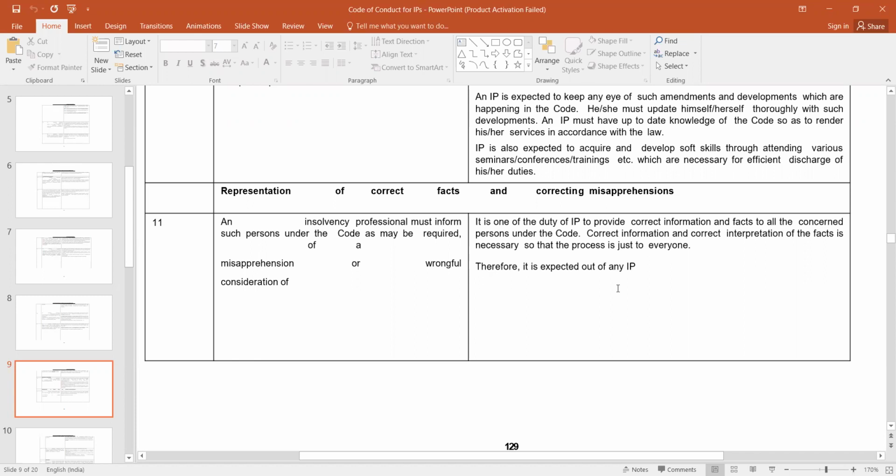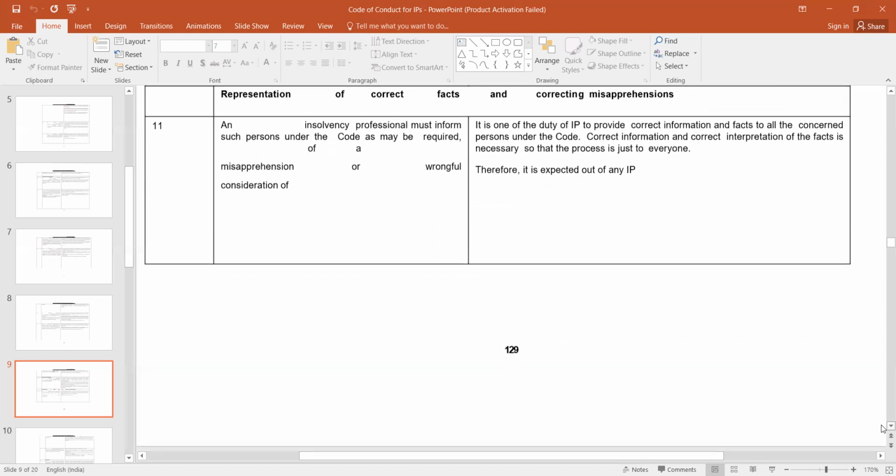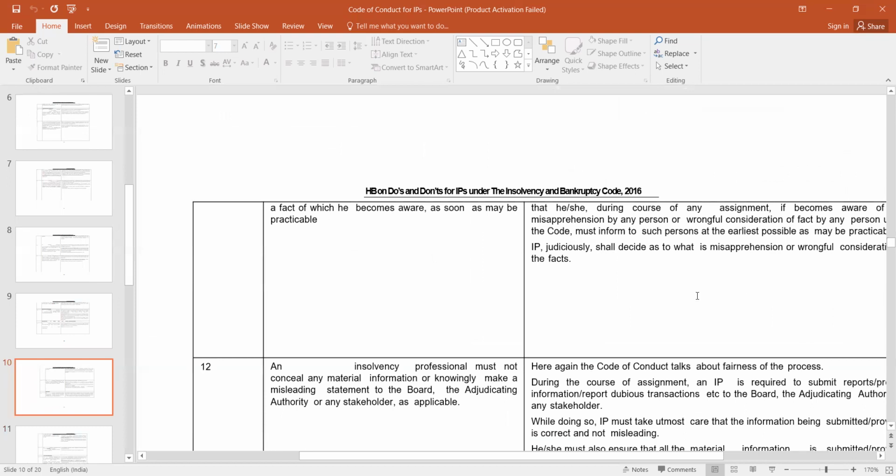So an insolvency professional must inform such persons under the code as may be required of a misapprehension or wrongful consideration of facts. This is one of the duties, that is, to provide correct information and facts to all the concerned persons under the code. Correct information and correct interpretation of facts is necessary so that the process is just to everyone. Therefore, it is expected of any IP that during the course of any assignment, if he becomes aware of any misapprehension by any person or wrongful consideration of facts by any person, he must inform him.